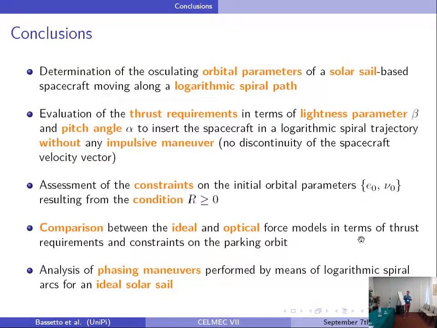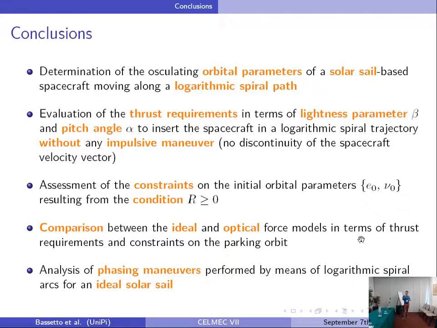To conclude, we have determined the orbital parameters of a solar sail-based spacecraft when it moves along a logarithmic spiral trajectory. Then we have computed the thrust requirements in terms of the lightness parameter and alpha, the pitch angle, that allow the spacecraft to insert in such a trajectory without any discontinuity in the velocity vector.